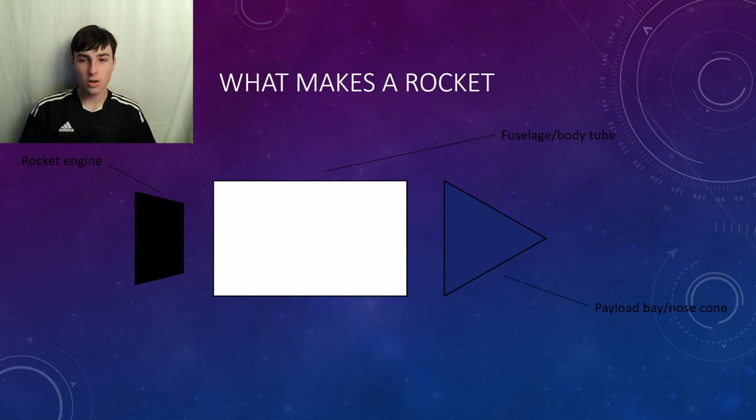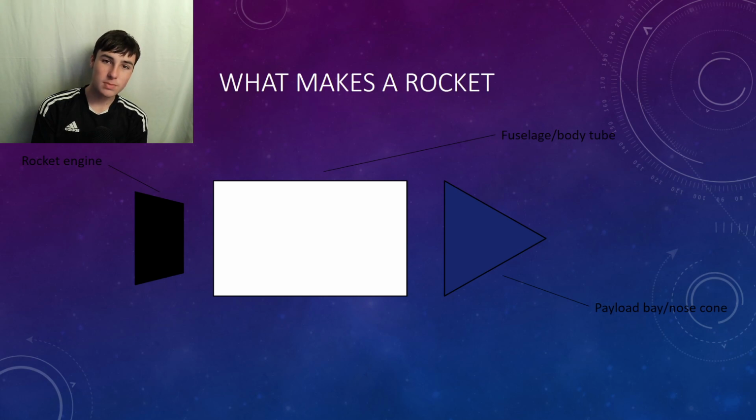Now, the nose cone or payload bay is where, on more advanced rockets like the Falcon 9 and Falcon Heavy, that's the big old fairing at the top of the rocket. Whereas on your model rockets, it'll just be more like this triangle right here.